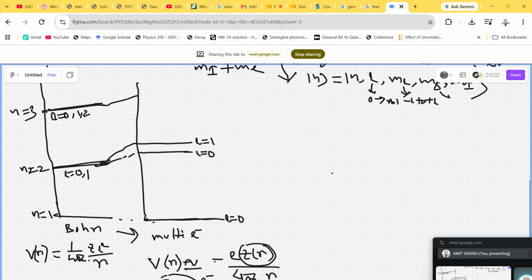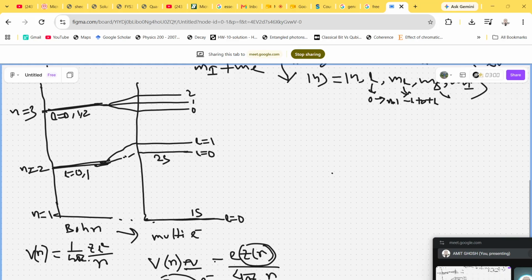Similarly, n equals 3 will break into three parts: l equals 0, 1 and 2. So this is what you call the 1s orbital. s means l equals 0. This is 2s.